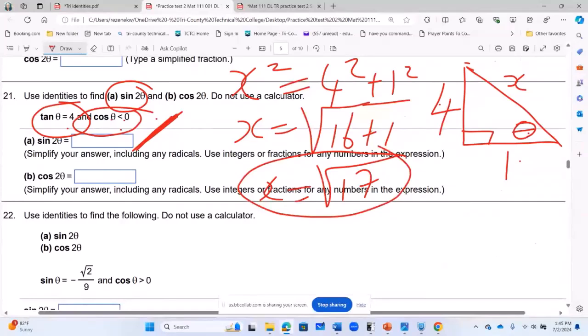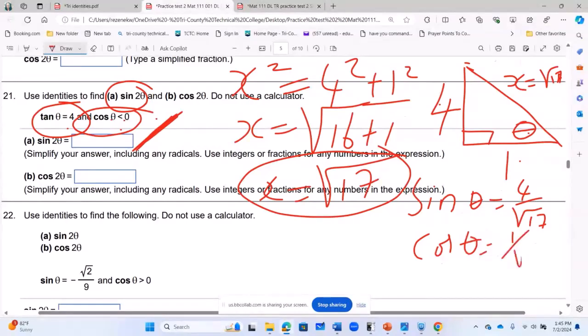Well, since I know now that x is square root of 17, I can find all the other trig ratios. Therefore, sine theta is opposite over hypotenuse, and cosine of theta is adjacent over hypotenuse. It's easy for me to find sine 2 theta now.